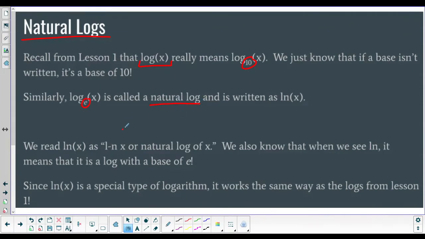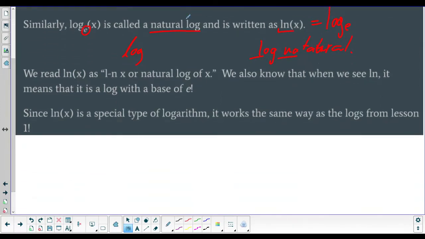Instead of writing log, we use ln, the L and the N together. If you see ln x, there will never be a base for ln, because ln is log base E. These are the same thing.